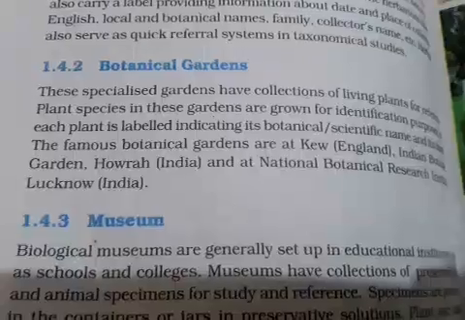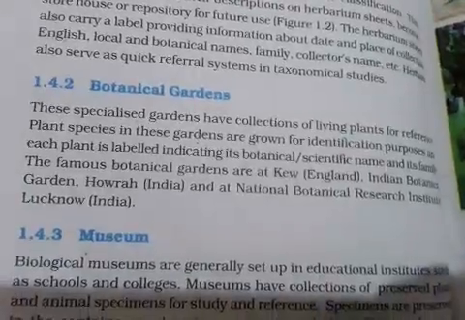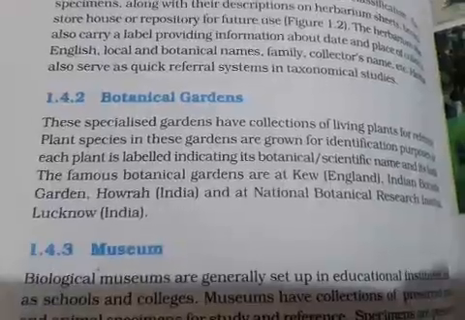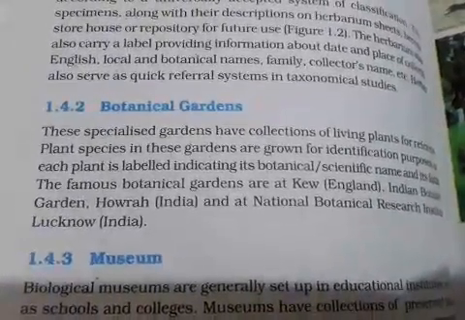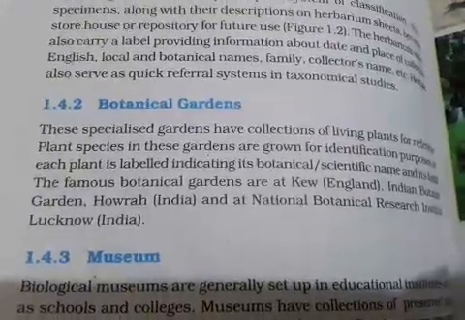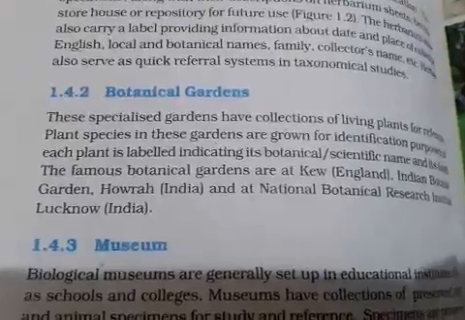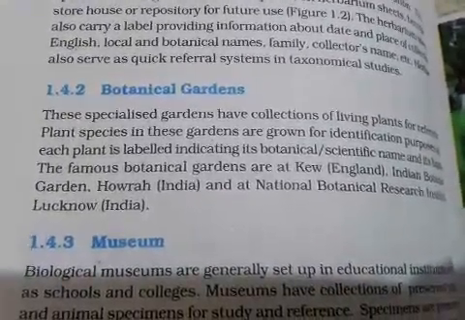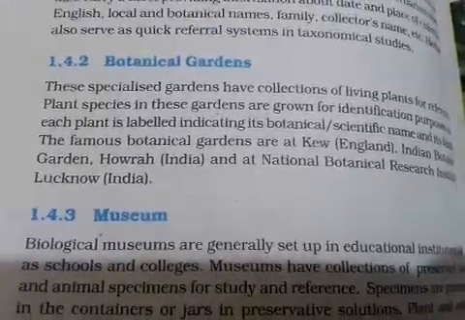The most famous botanical gardens are at Kew, England; the Indian Botanical Garden at Howrah, India; and the National Botanical Research Institute, Lucknow, in India. These names should be remembered because they are asked in the NEET examination.